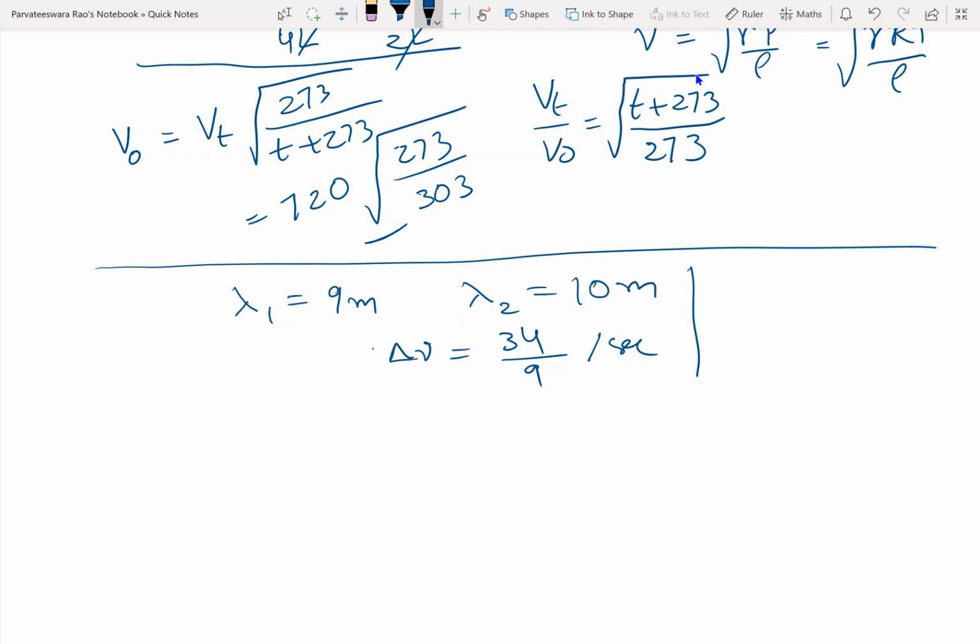So you know, nu is equal to V by lambda. So lambda 1 is less than lambda 2. Therefore, nu1 is greater than nu2. That is the first step.